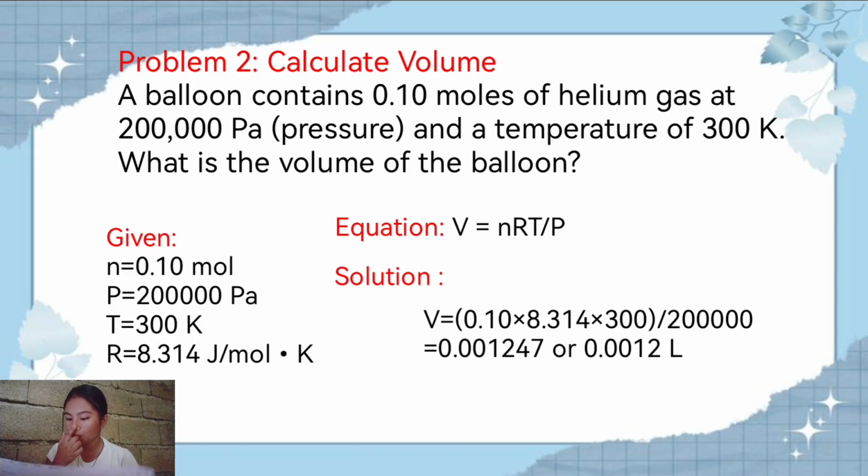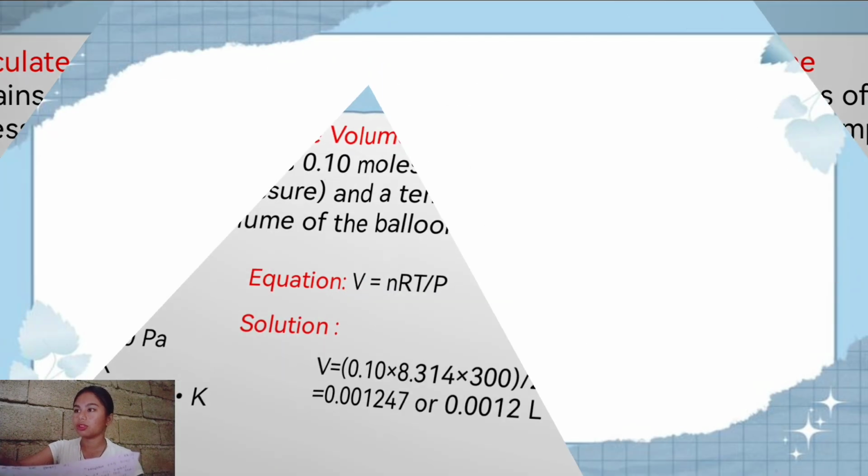Since 1 cubic meter is equal to 1,000 liters, this is equal to 1.25 liters. So the balloon's volume is 1.25 liters. This means at this pressure, the gas expands to fill about 1.25 liters.